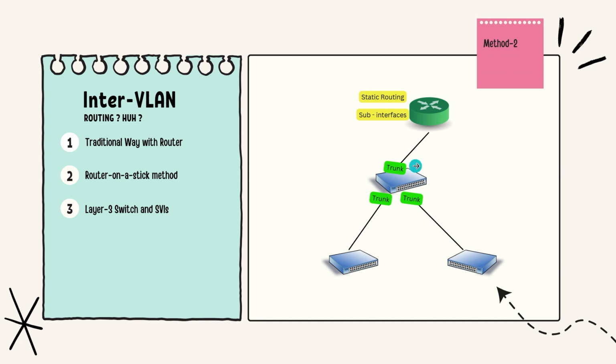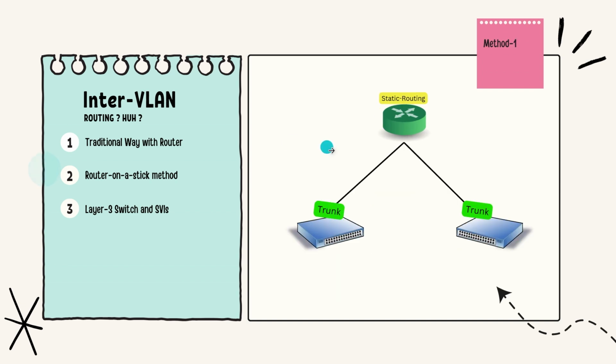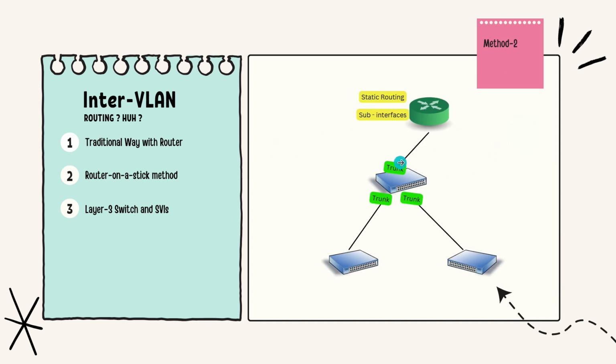Then there is the router on a stick method. Basically, in the traditional way, the router can't have so many ports, so it limits the number of switches that can be connected to this router. To avoid that, we have one switch, to which we can connect lots of switches, because switches generally have more ports than the router.